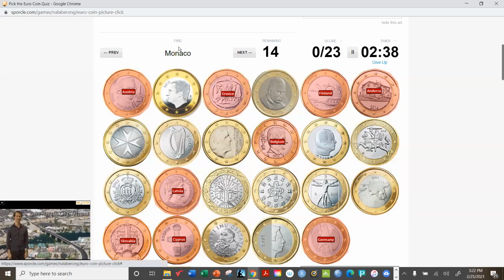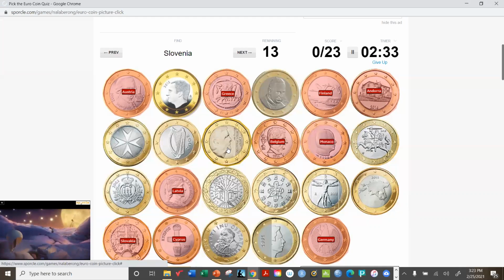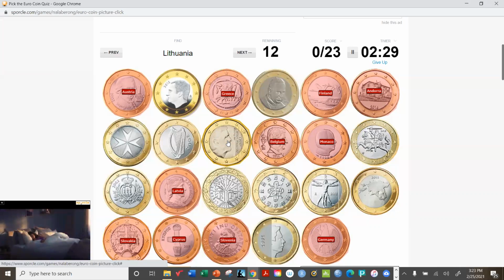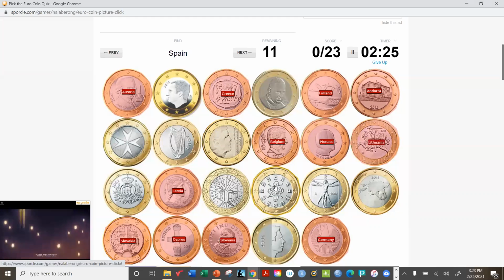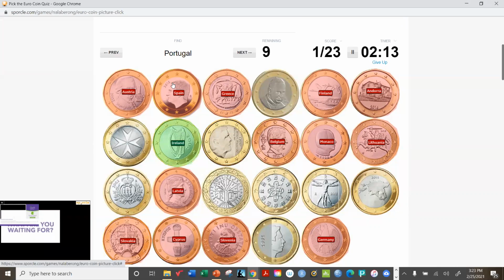Wow. So far, we don't have any right, do we? Monaco. Oops. Slovenia. Oops. Lithuania. Man, Spain. We can't get them all wrong. Ireland. Oh, we got one right. Portugal.